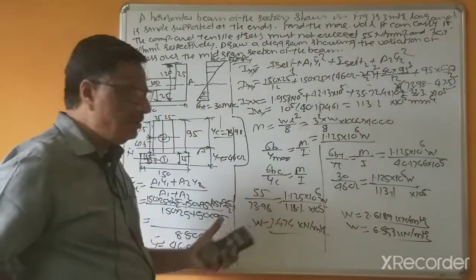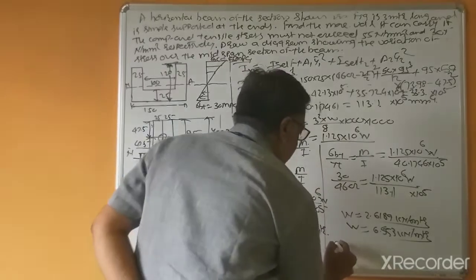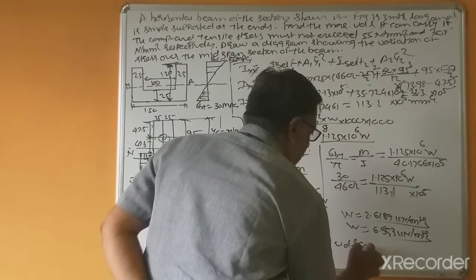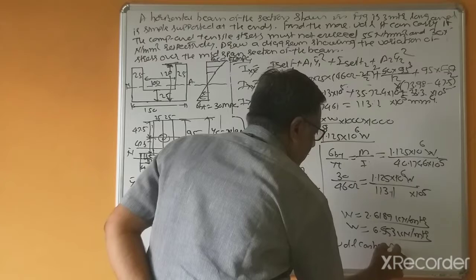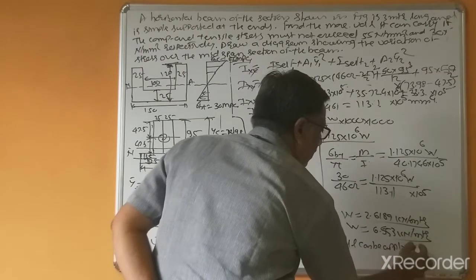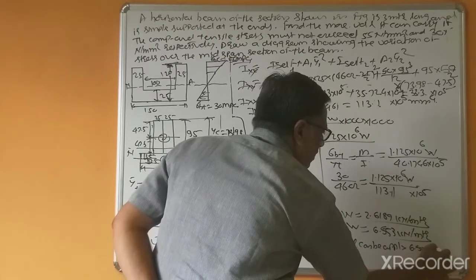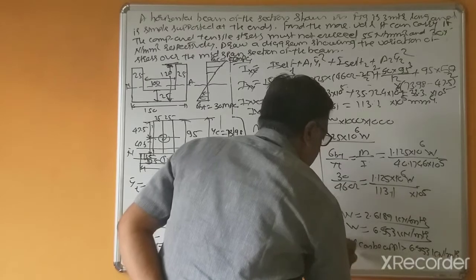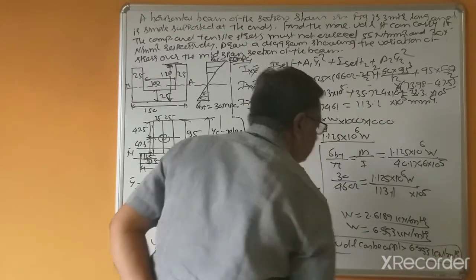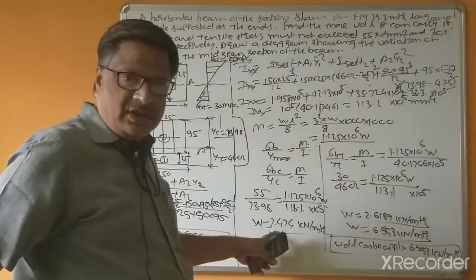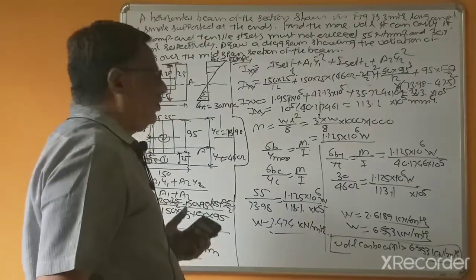So the UDL that can be applied is 6.553 kilonewton per meter, and this is your expected answer, because the other is greater, otherwise this may be failure.